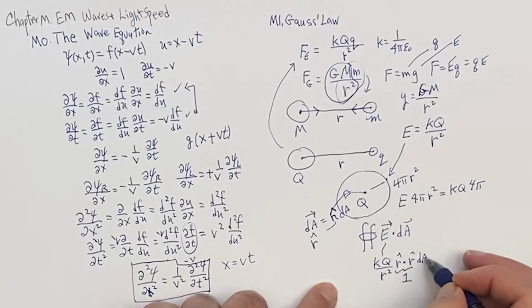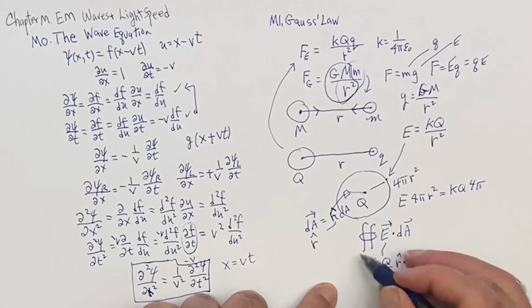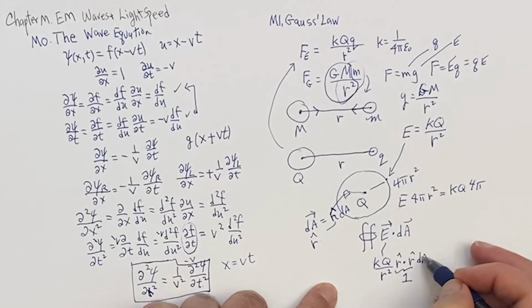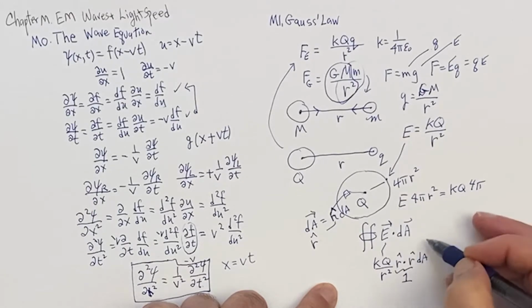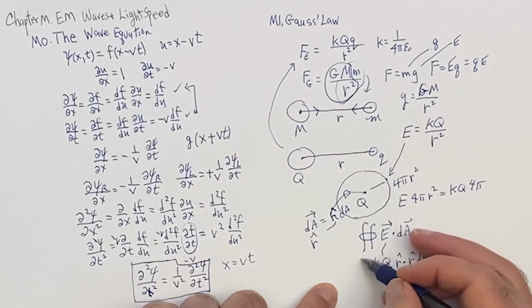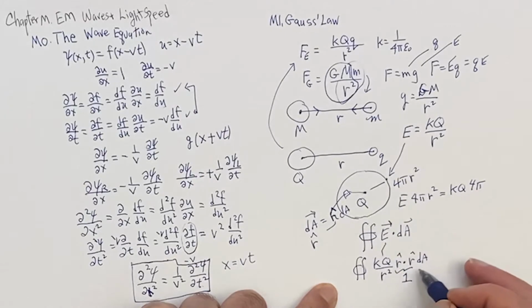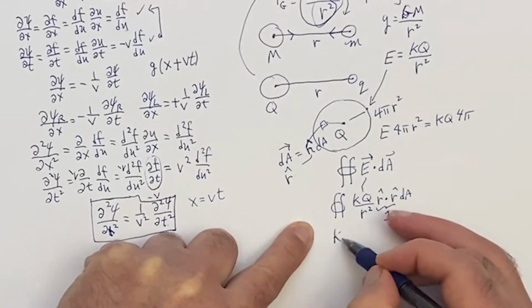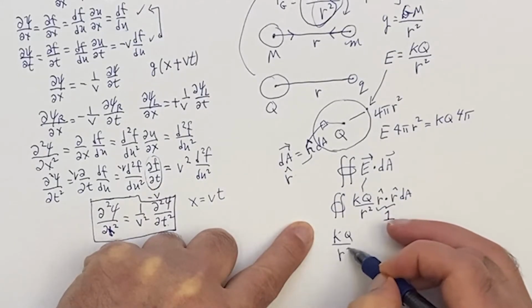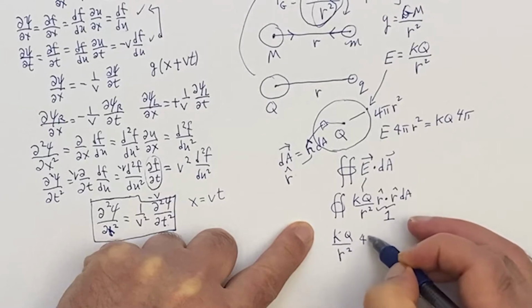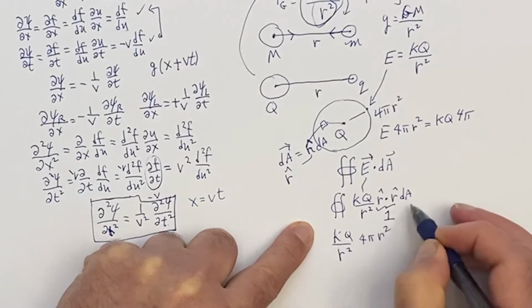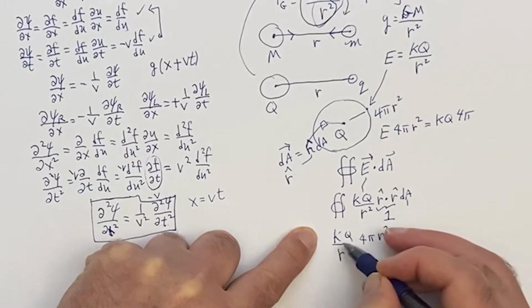And then you can do the integral very easily because there's a constant at the distance r. When you integrate this over the surface, the kq over r squared hangs around, and then you get the 4 pi r squared for the area integral.